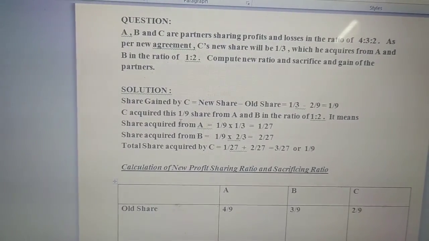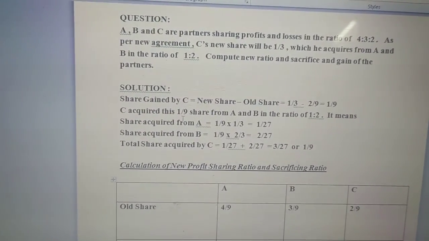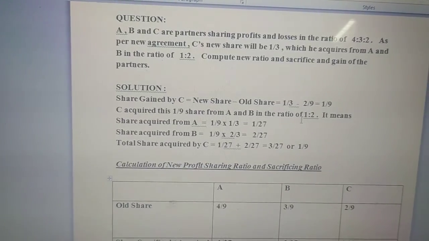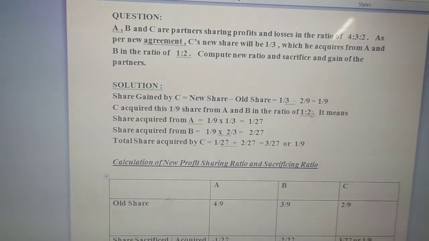C has gained 1 by 9th share, which he is going to acquire from A and B in the ratio of 1:2.